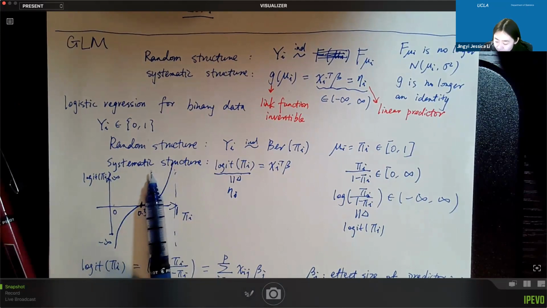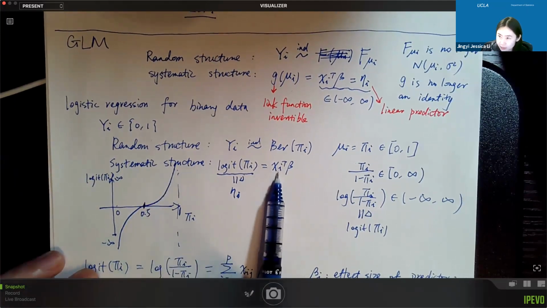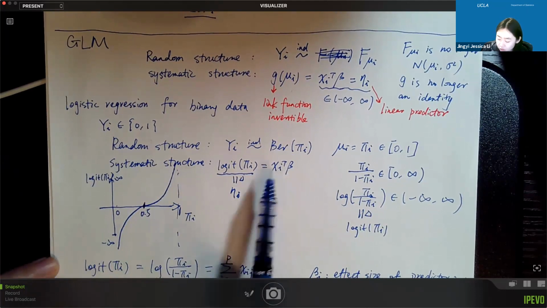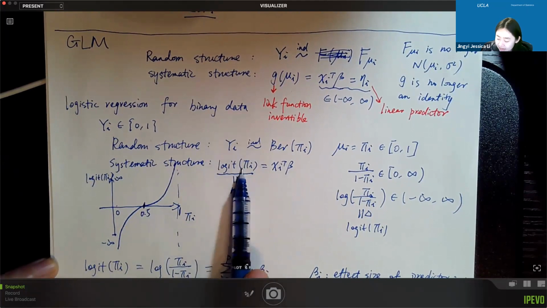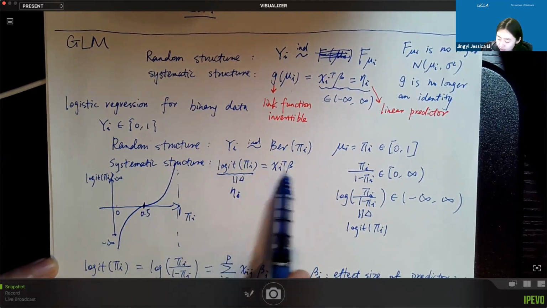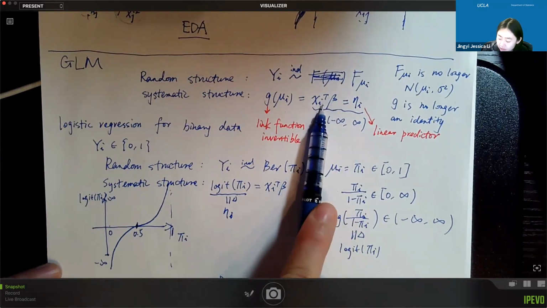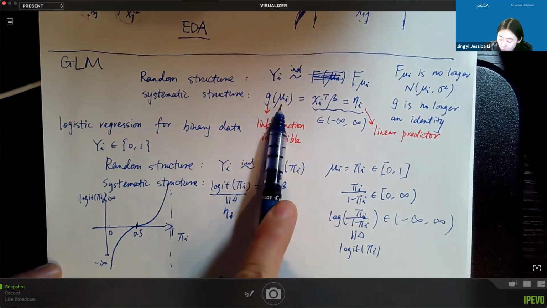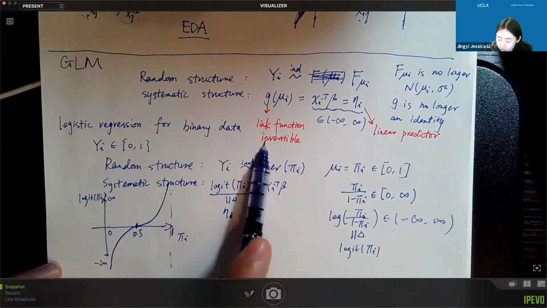It's about the relationship between the mean and the predictors. We assume that there's some transformation of the mean that is linear in the predictors. We call this part the linear predictor, xi transpose beta. And this transformation on the mean, we call it a link function. It is monotone and invertible.